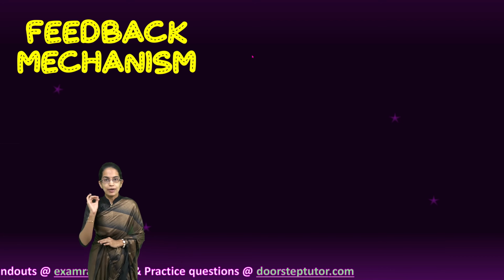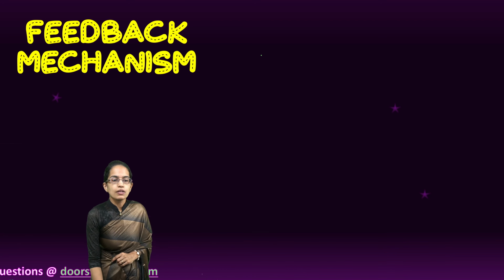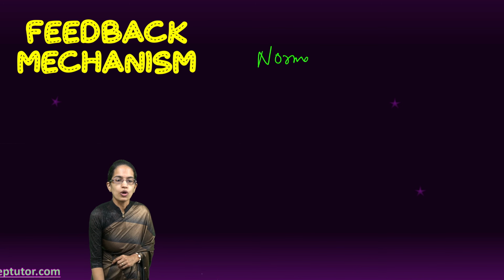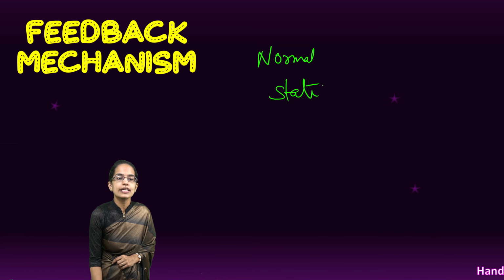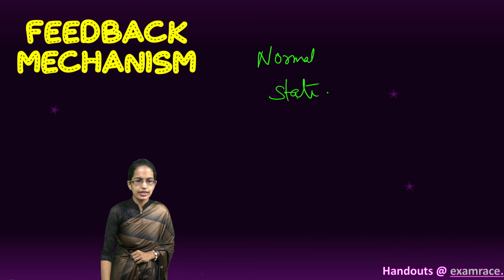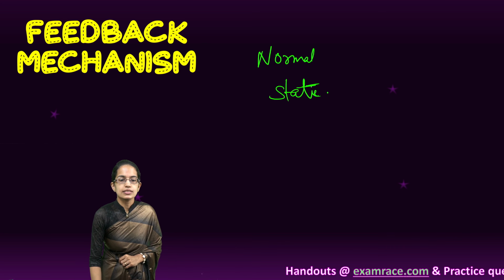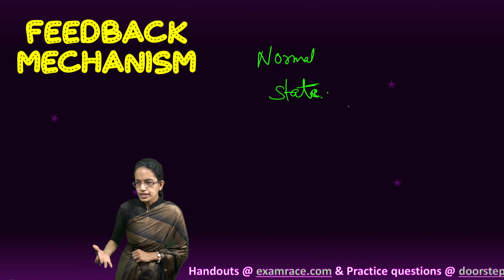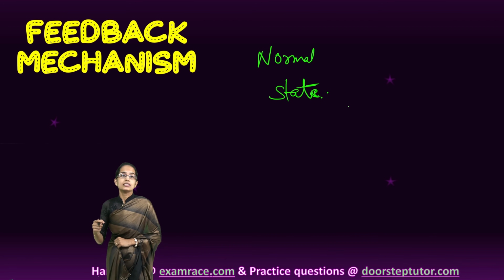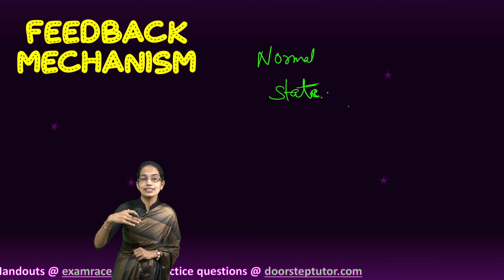What is a feedback mechanism? The process of feedback mechanism is very, very simple. Our body remains in a normal state, but how it maintains the normal state is really interesting. Sometimes our body realizes that there is a need for an increase in secretions.